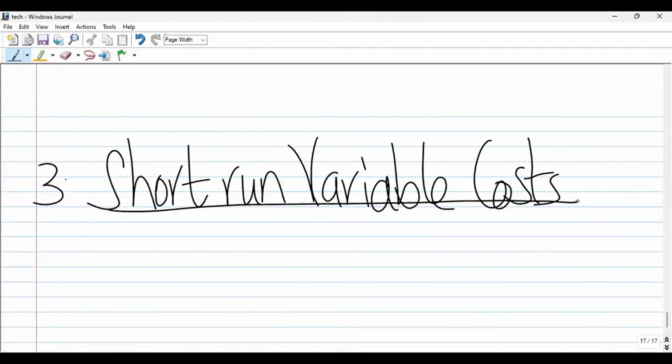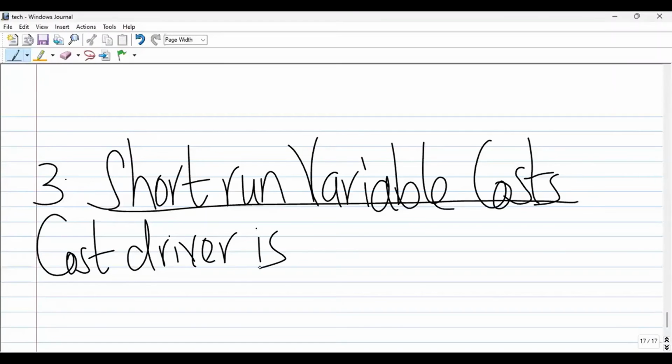So when we are using the ABC system, the first thing we are going to ask ourselves, which factor causes this cost? So we must always identify cost drivers first. So we first look for cost drivers. So come and say cost driver is, so we use judgment.